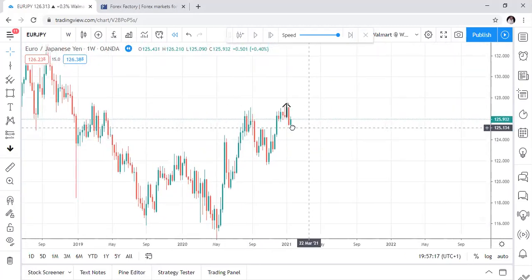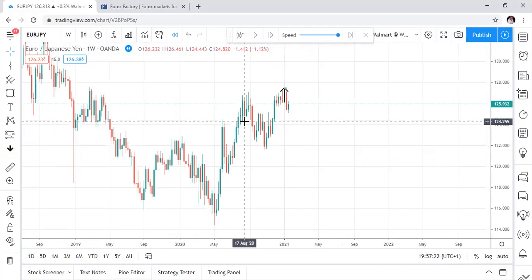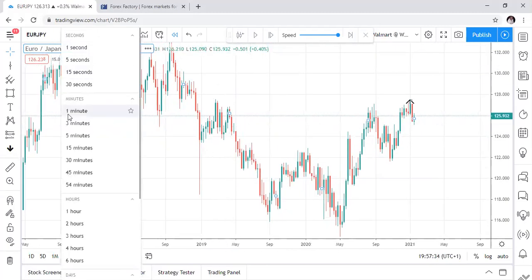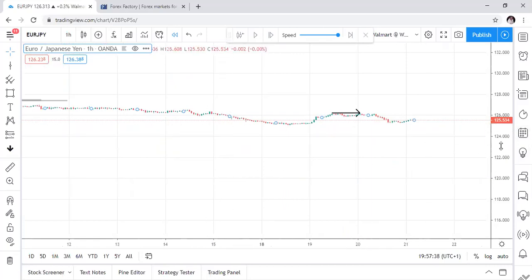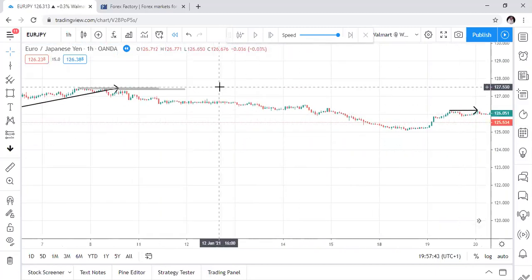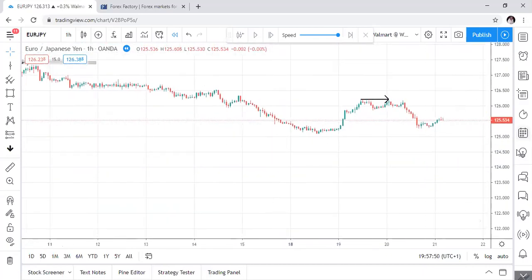So now, if your market is moving and you miss out at the top of the market, what do you use? If you want to come in the middle of a trade like that Euro JPY, you must first check the higher time frame, weekly and daily, and check the prevailing trend, so that you don't just come in the middle blindly.